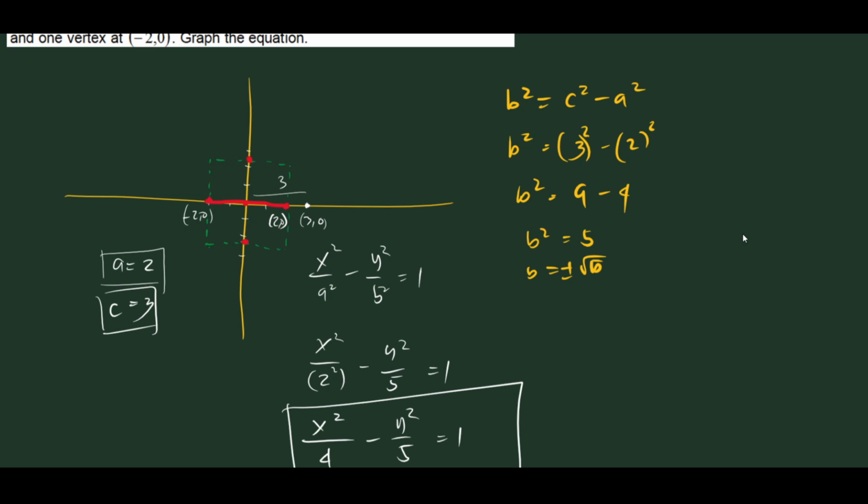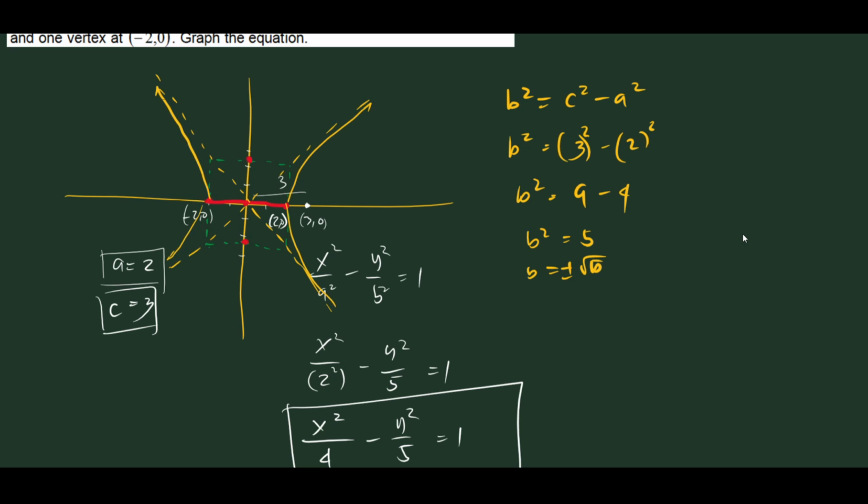You can start by connecting these two corners, and these two corners, and those will be our asymptotes. Then you can approximate your hyperbola using this framework that we've created here. So there you have it.